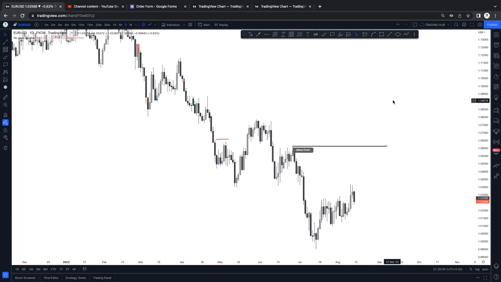I'm talking about the live price action. First mark the recent structure, BOS and inducement. Mark these three things: structure, BOS, and inducement.